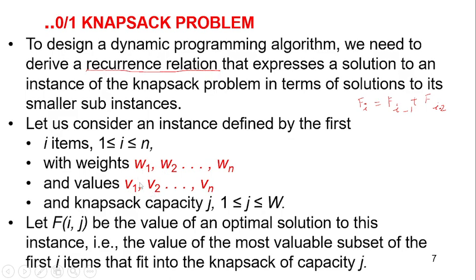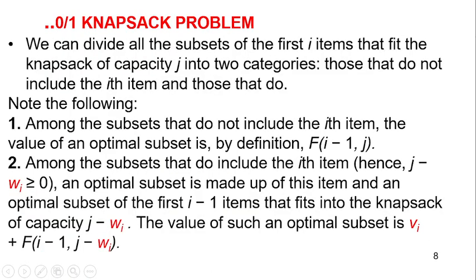These variables will be used to represent the values and weights. And f of i, j is the table, a two-dimensional array, the value of the optimal solution to this instance.